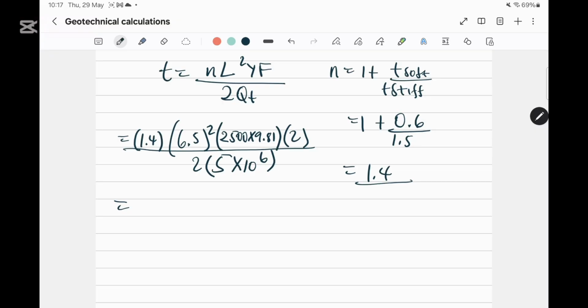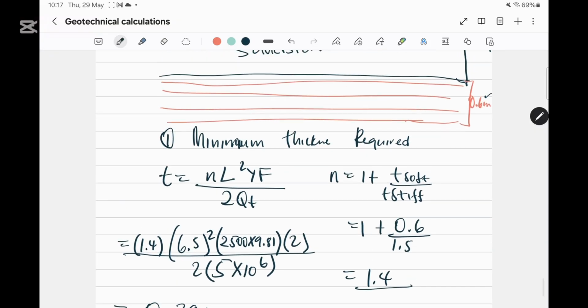Then we get our thickness. So 1.4, 6.5 squared, over 2,500 times 9.81, 2 times 10 to the power of 6. So we're getting 0.29 meters. So this thickness here is less than what we have.